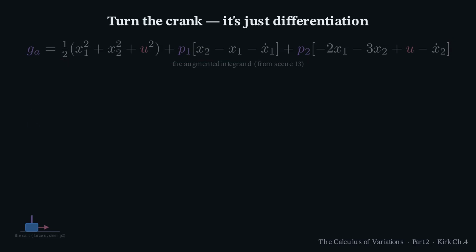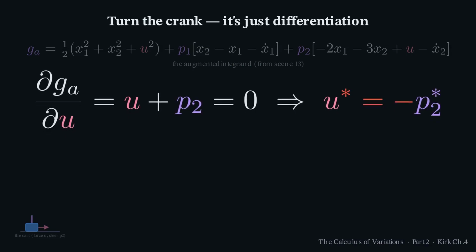Now the control. Differentiate GA with respect to u and set it to 0. u sits in the cost as u squared, which gives u, and in the second dynamics term beside P2, which gives P2. So the partial is u plus P2, and setting it to 0 gives u star plus P2 star equals 0.